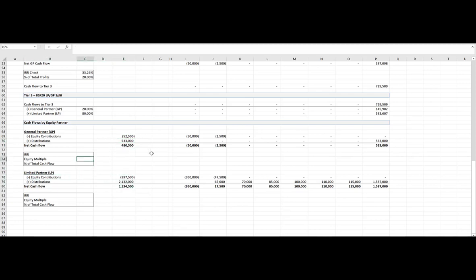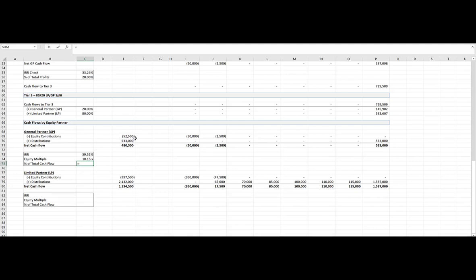Okay. So the IRR to the general partner, 39.52%. The equity multiple, we'll use the absolute value function. The total distributions, gross, divided by the equity contributions, 10.15x. That's pretty good. And then the percentage of total cash flow. So here's our check.